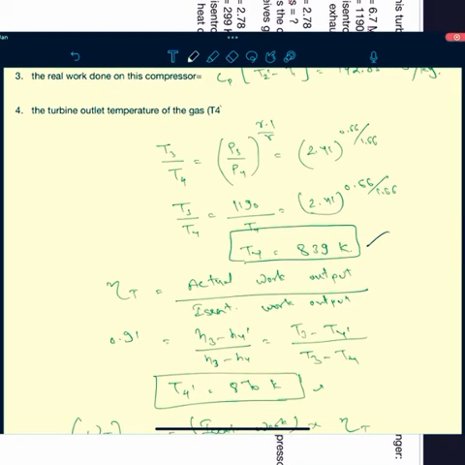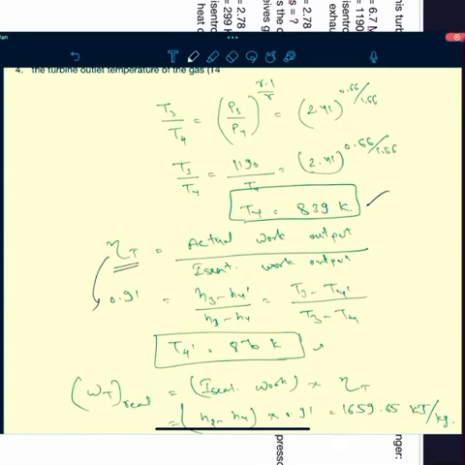Since our turbine efficiency is given, the actual temperature will be different. So similarly, I can use the formula actual work output upon isentropic work output, because isentropic work is more in case of turbine, so it will come in the denominator.